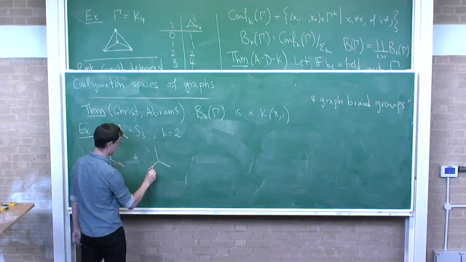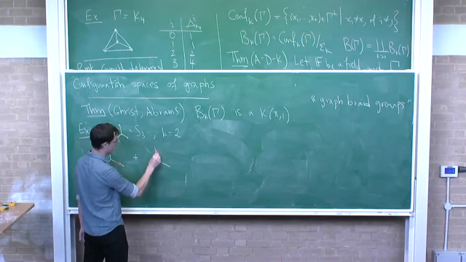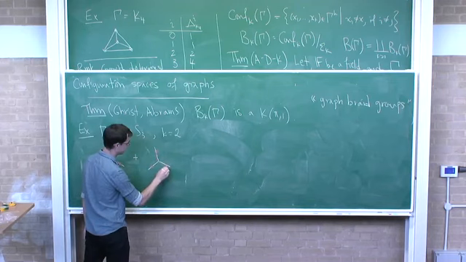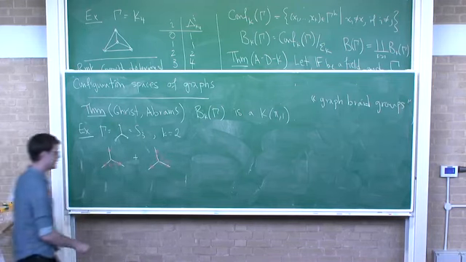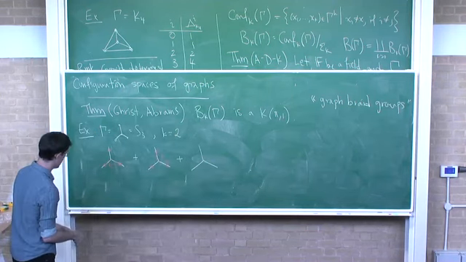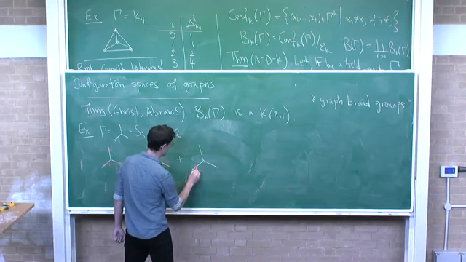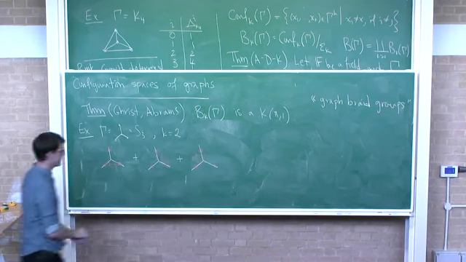Having cleared this point out of that leg, you can now move this point into that leg. And then you can do this again. You can take this point and move it into that leg.